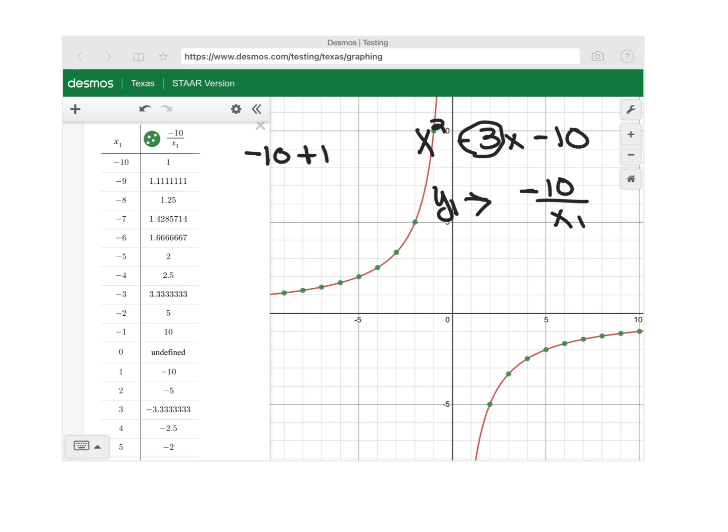Negative 10 plus 1 is negative 9, and that does not work. I go to the next one that's not a decimal. This is a decimal, decimal, decimal, decimal. I get negative 5 and positive 2. And when I add that on Desmos, I get negative 3, which is what I'm supposed to have.